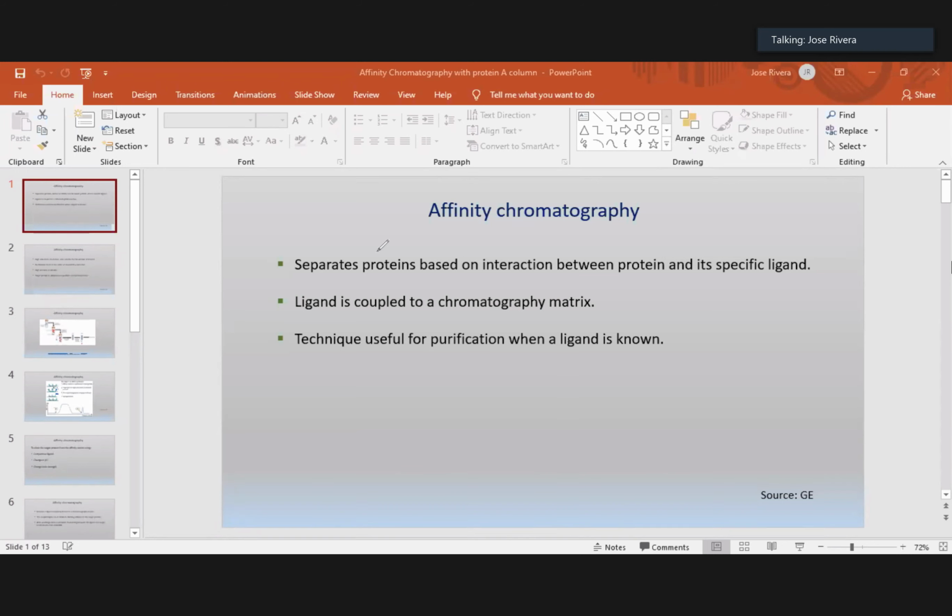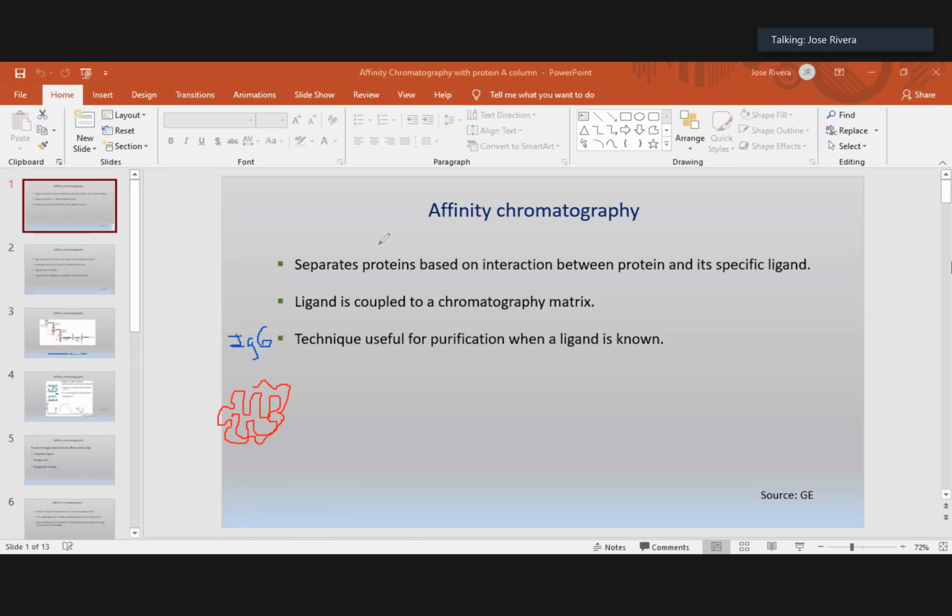So what happens is you have a protein. Remember the proteins are three-dimensional structures, and let's say my protein IgG looks like this, just as an example. In order to purify this IgG, I have to find something that binds to it specifically. It doesn't bind to albumin, it doesn't bind anything else.